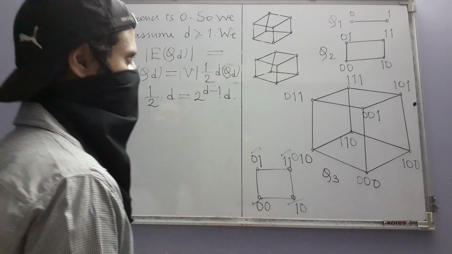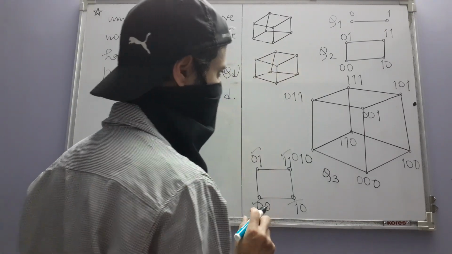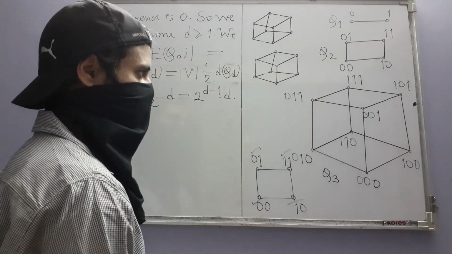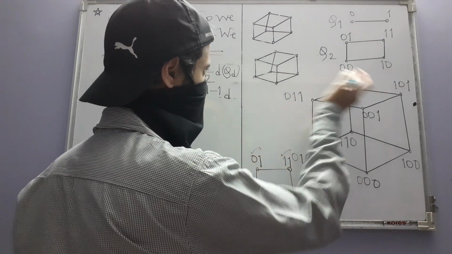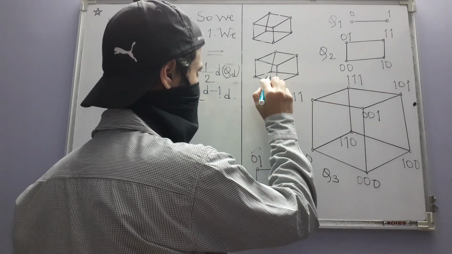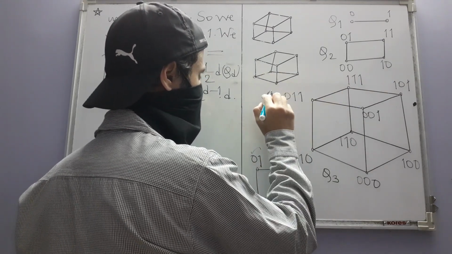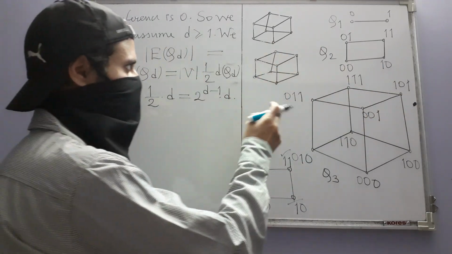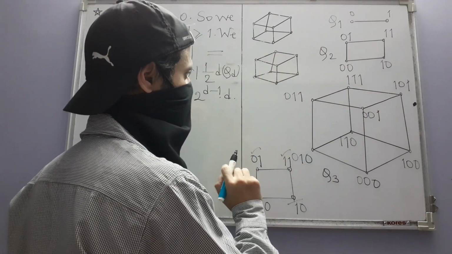Similarly, one would also end up creating Q4 from two copies of Q3. You can of course name the vertices similarly, and after doing that, what else do you do?